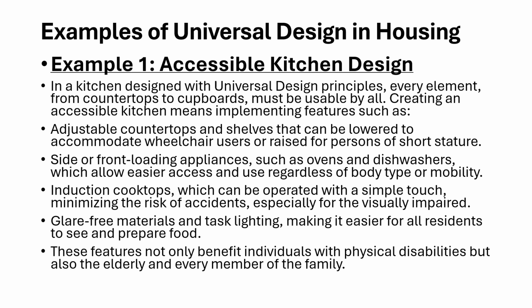So adjustable countertops and shelves that can be lowered to accommodate wheelchair users or raised up for people of short stature. Side and front loading appliances. Wall ovens work well for this. So instead of a wall oven where the door comes down to you, it goes to the side.